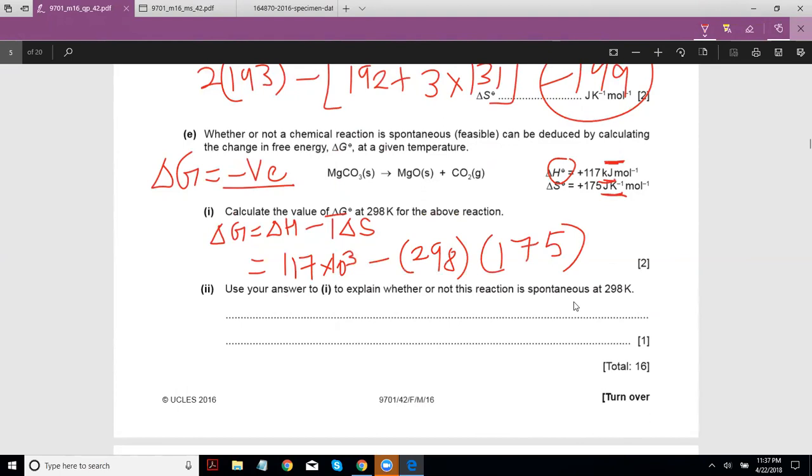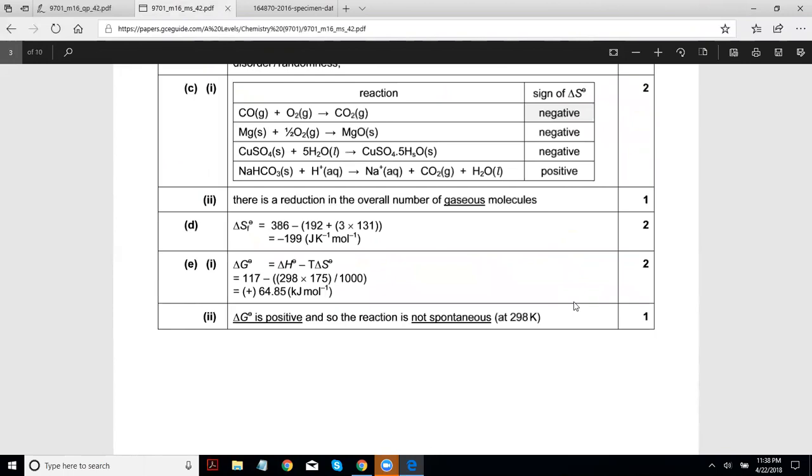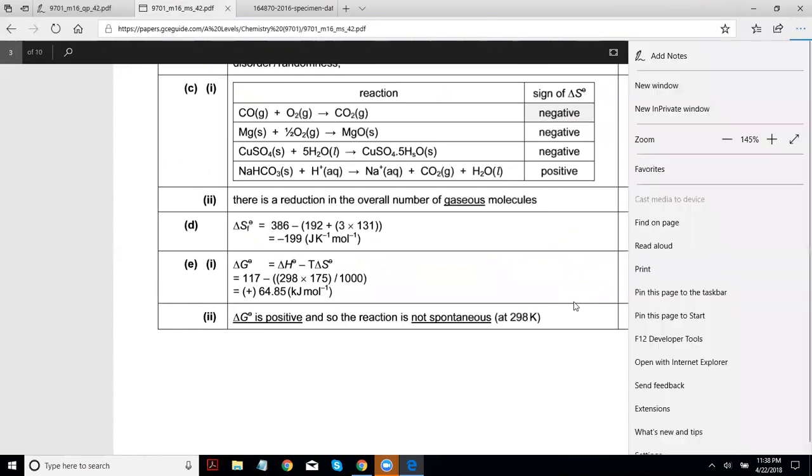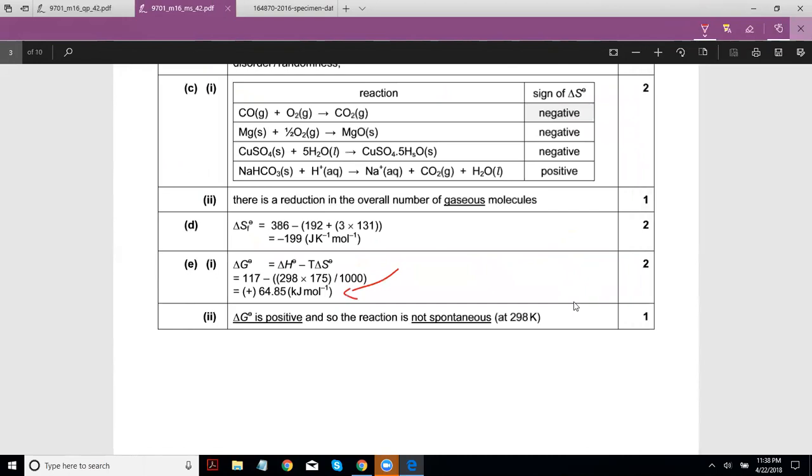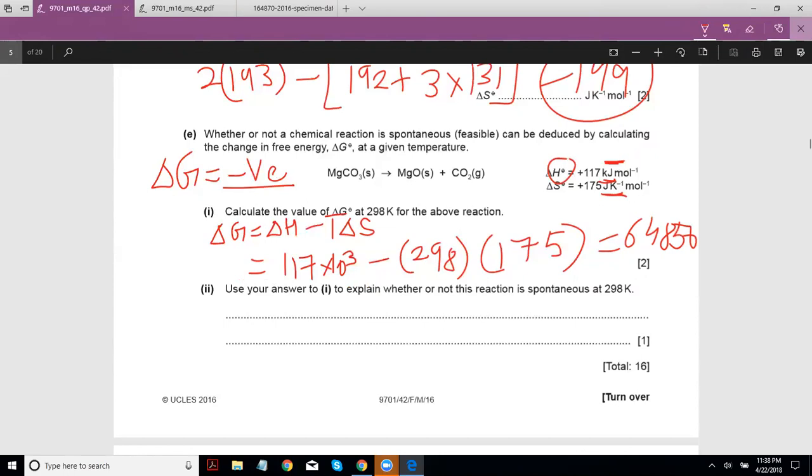So this would be minus 298 into 175, which is 64850. Positive. They normally want change in G in kilojoules, so you just divide this by 1000. Even if you just look at it, it makes more sense.